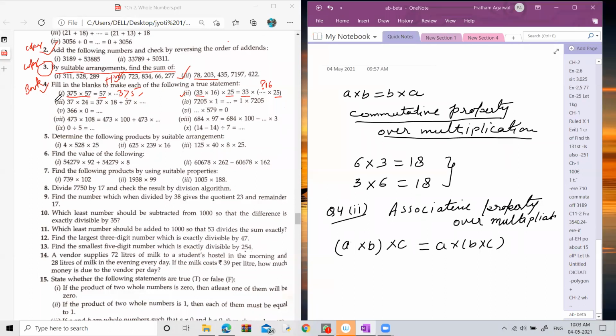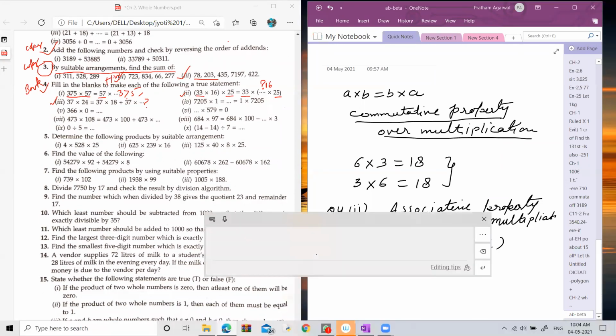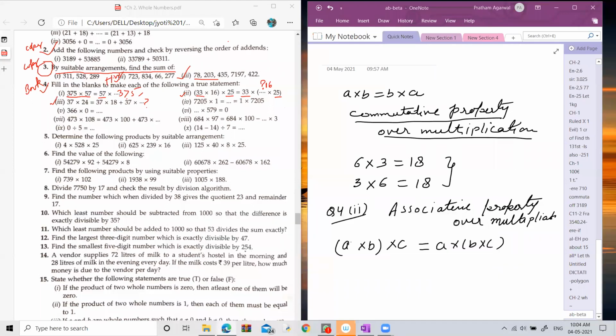Chalo, next one. Now tell me this property, the third one. 37 into 24 equals 37 into 18 plus 37 into what? We have to fill this blank. Now what do we have to write over here to make both sides equal? Quickly respond, beta, please write in the chat box.